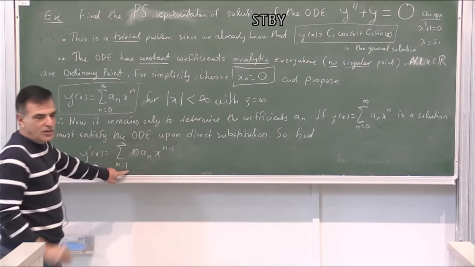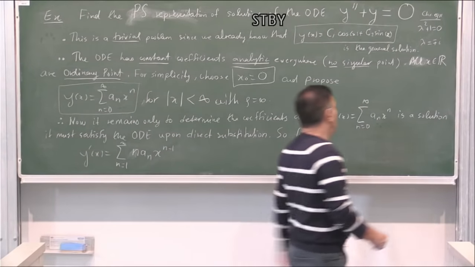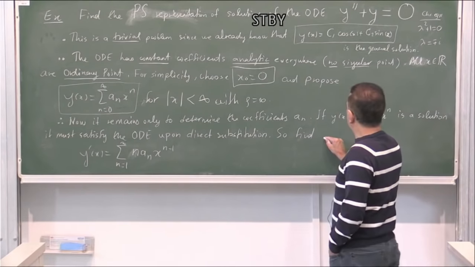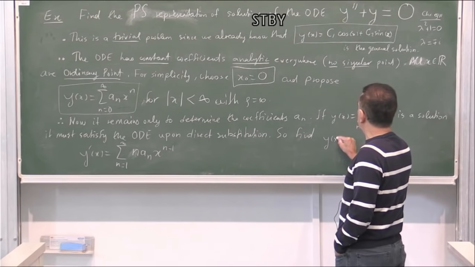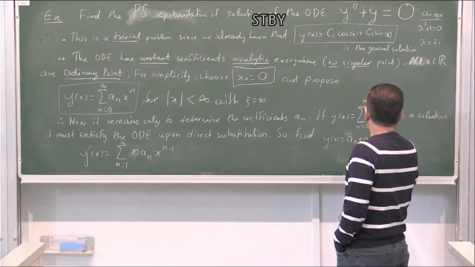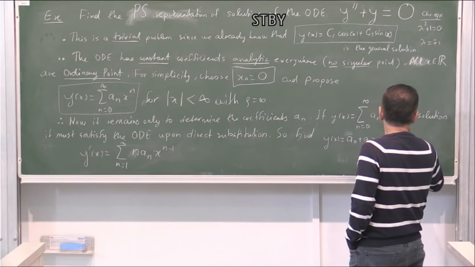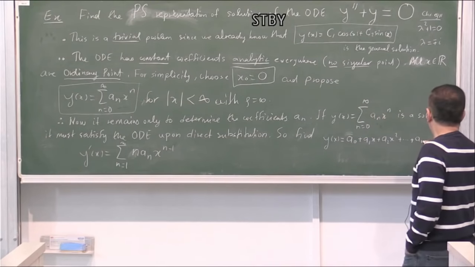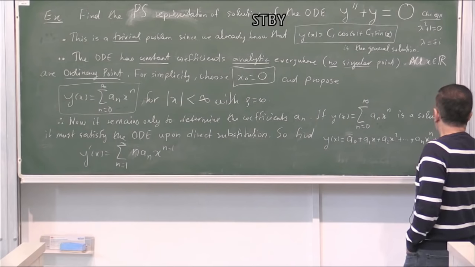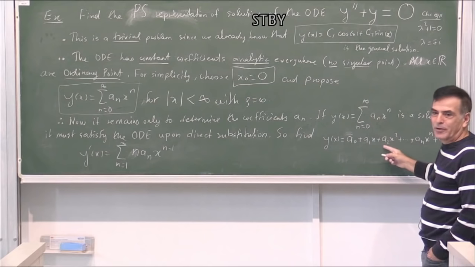I start the series from 1 because of the first term. Always consider the explicit form of this solution, which is something like a0 plus a1 x, a2 x squared, up to a_n x to the power n. This is always the case if we are expanding the solution about the origin.